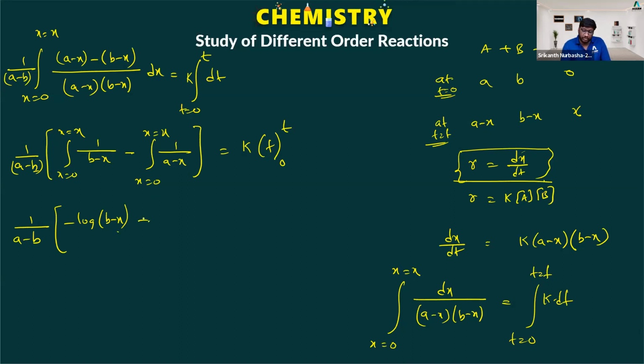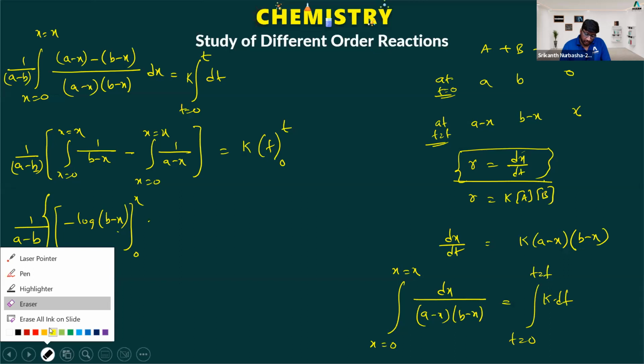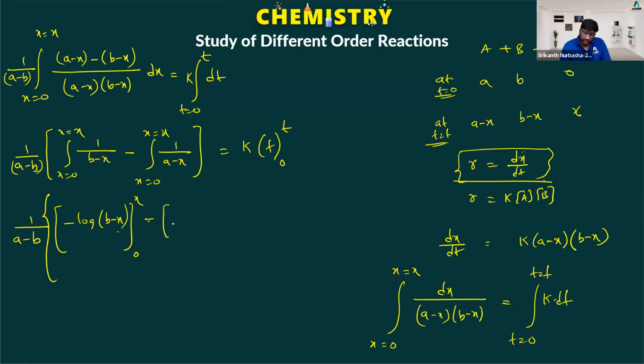Here minus of minus becomes plus, and you have the limit substitution, limits 0 to x. Here also you have the limit substitution, so we keep the minus sign only. Minus of negative logarithm of a minus x, 0 to x, is equal to k into t.